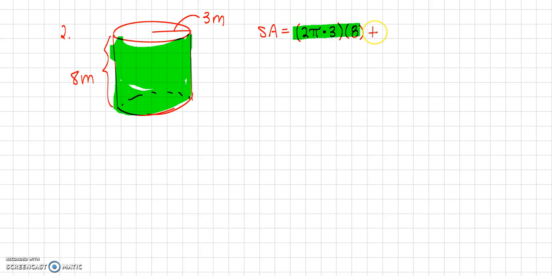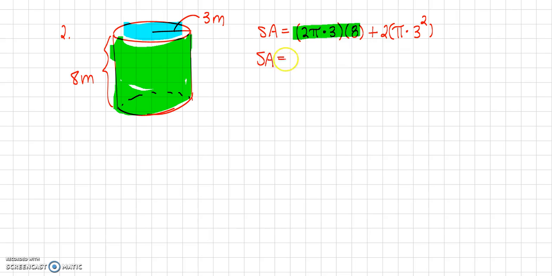I'm going to add that to the area of the bases. The area of that base is pi times r squared, and remember our r is 3. Also remember we got 2 of those bases, so that's 2. And the parentheses doesn't go there, it goes there.